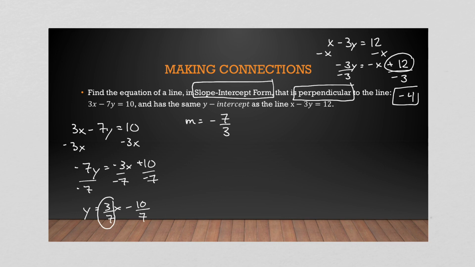Because the slope doesn't matter. So we have a y-intercept of 0, negative 4. And then easy to put it in slope-intercept form because we have the slope and we have the y-intercept. So it's just y equals negative 7 over 3x minus 4. Done.